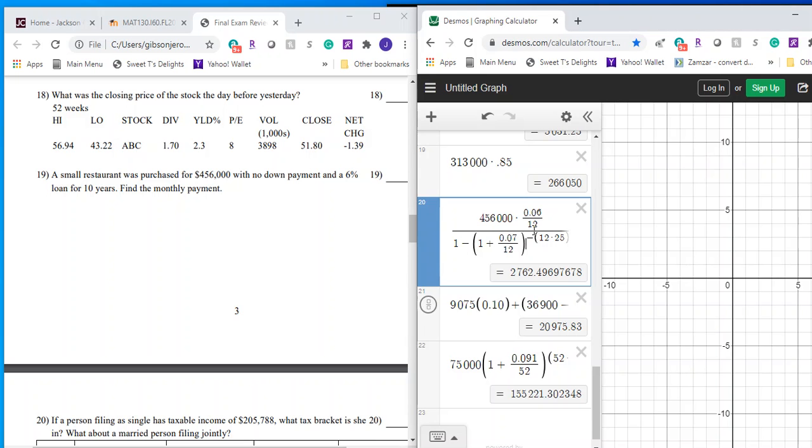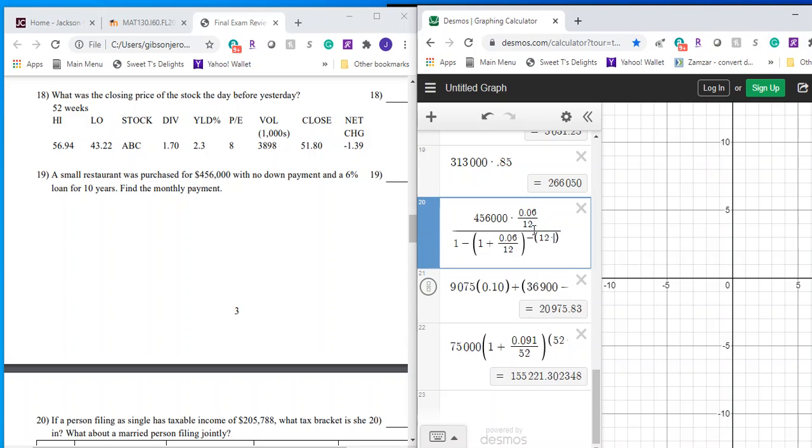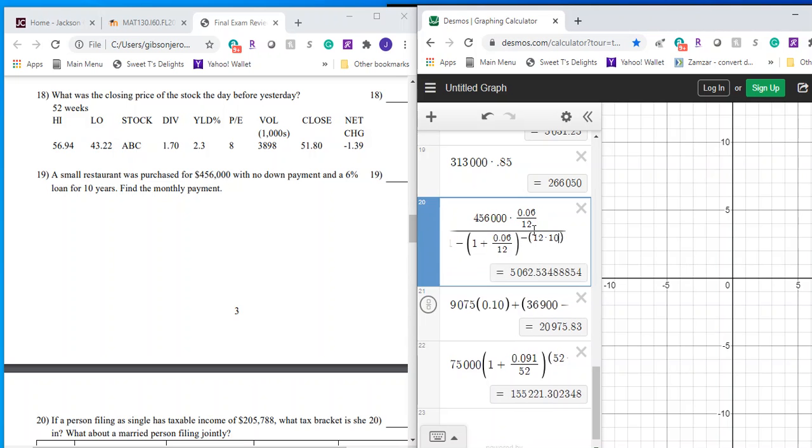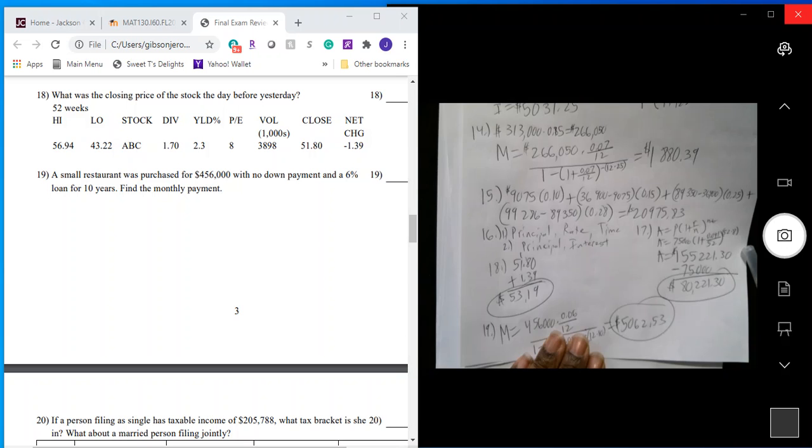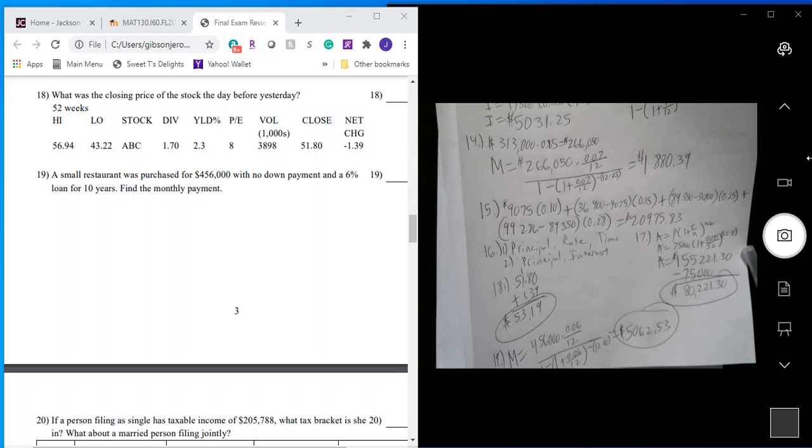Then down here, this would be 6%. And then we would have to do negative 12 times 10. And so our monthly payment will be $5,062.53. That will be the monthly payment. All right. So that was problem 19.